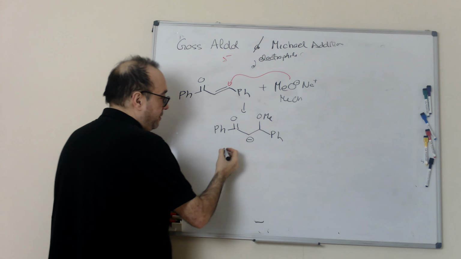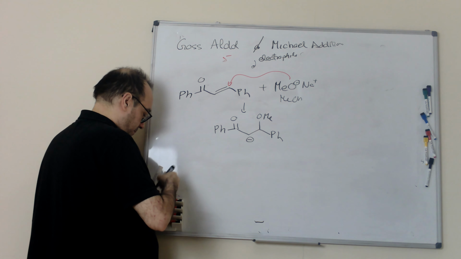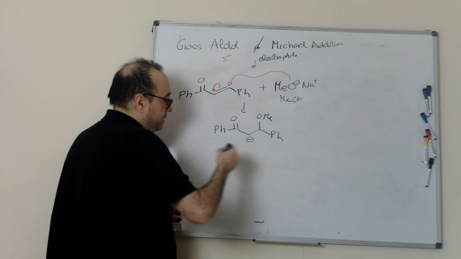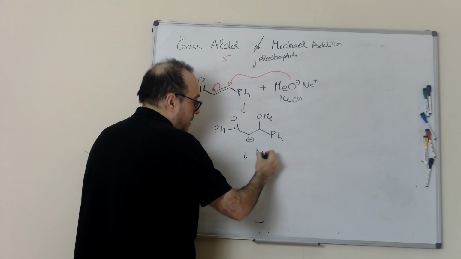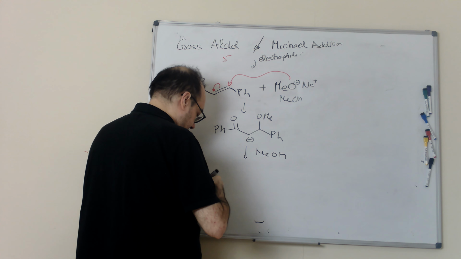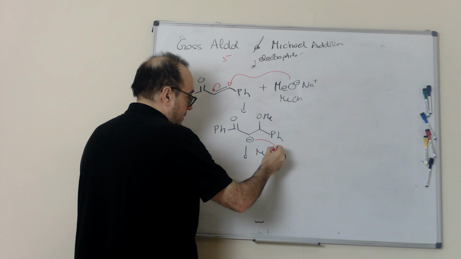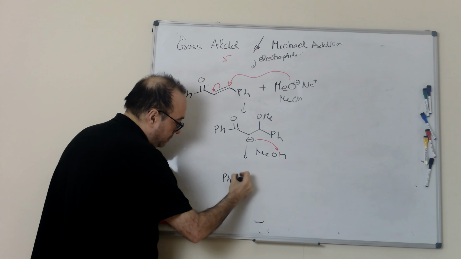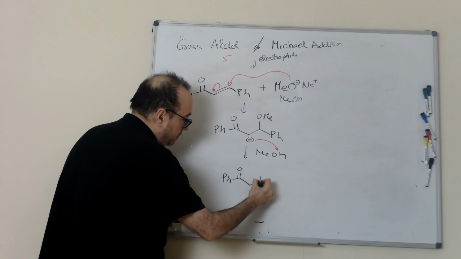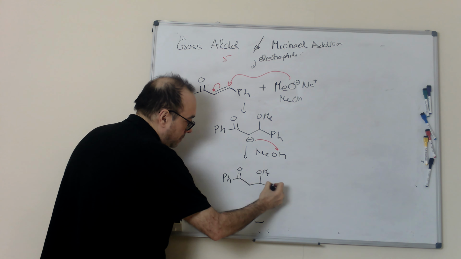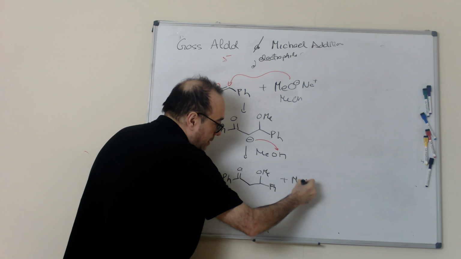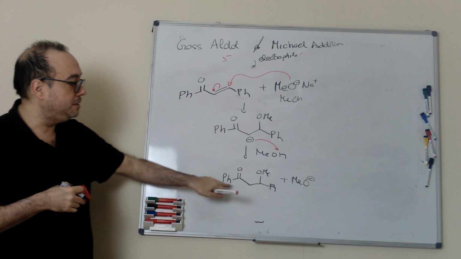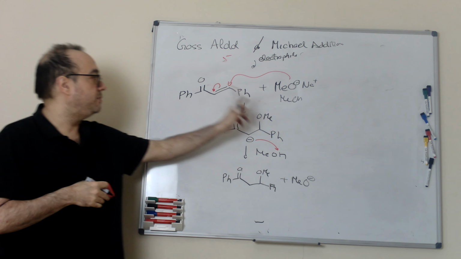And when we have this anion, okay, it is coming from here. What is happening is that a molecule of methanol is reacting, and what we get is the Michael addition, and we regenerate the methoxide for a new catalytic cycle.